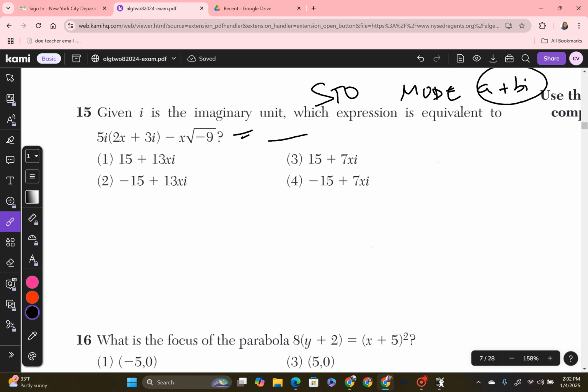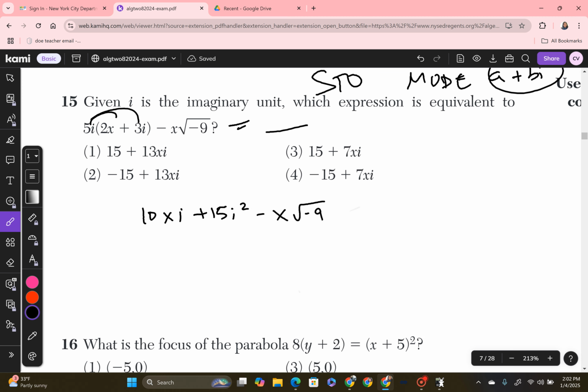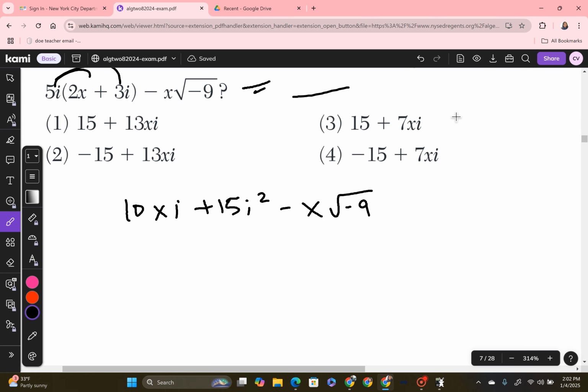Because we did do this, I'm going to show you this the longer way. Okay, so let's clear our parentheses by distributing. 5i times 2x gives you 10xi. 5i times 3i gives you 15i squared minus x, and then this is rad negative 9. Okay, so rad negative 9, let's talk about that real quick.